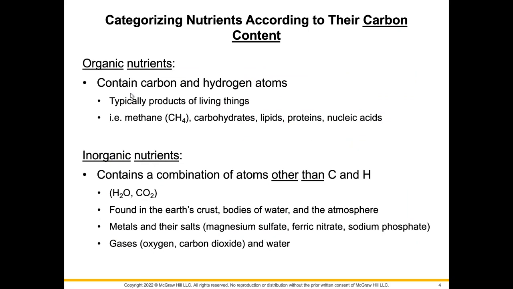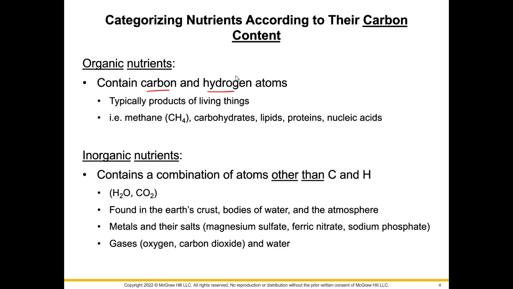Now we're going to move to categorizing them based on their carbon content. So we can classify nutrients as organic or inorganic nutrients. Organic nutrients will always contain both carbon and hydrogen atoms. And these are typically products of living things.